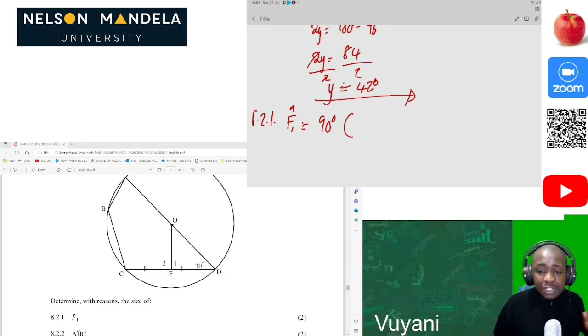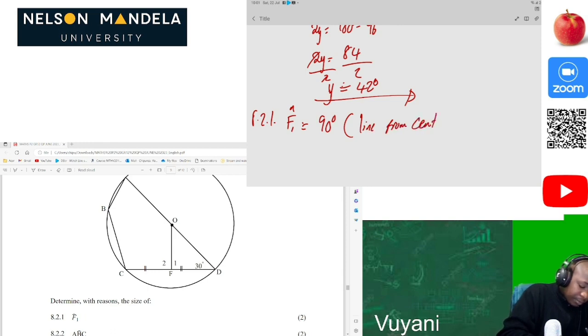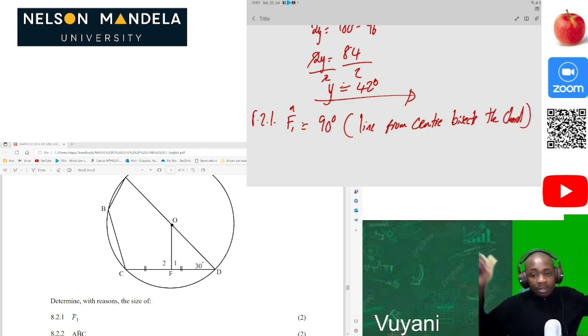By virtue of that, we see that OF bisects the chord. So F1 is equal to 90 degrees because a line from the center bisects the chord. Just like that, and we are out.